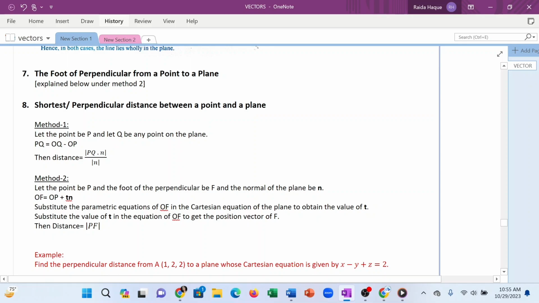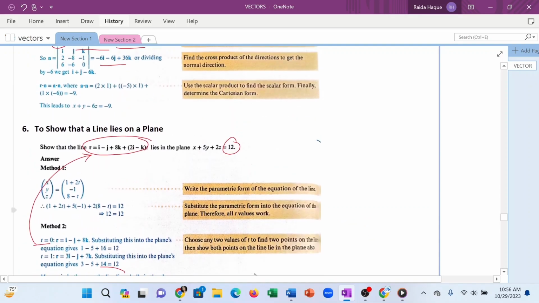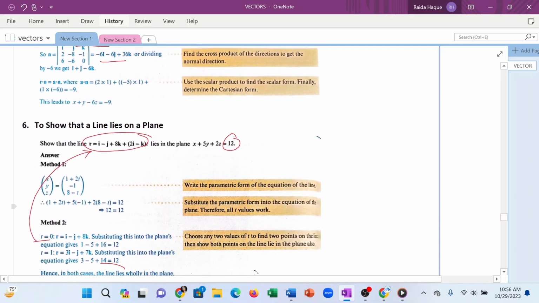So now what you do is you substitute the parametric equations of OF in the Cartesian equation of the plane to obtain the value of t. So what do we mean by that? Just like over here, we were plugging back the variables. You need to plug back these variables again.